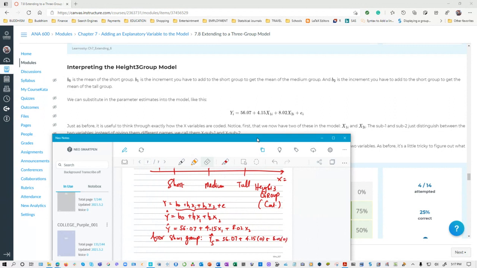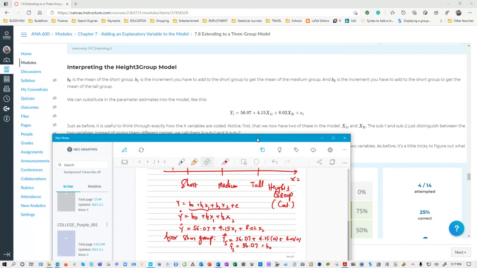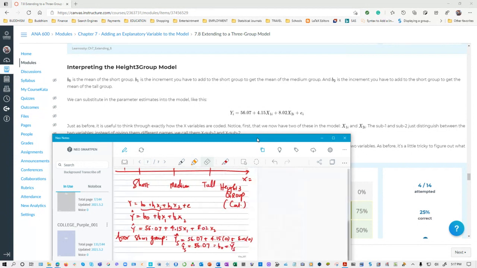See, x1 and x2 are both 0. So it's going to be nothing but 56.07, which is B0. That's y hat for that group, the same as the y bar of short people.